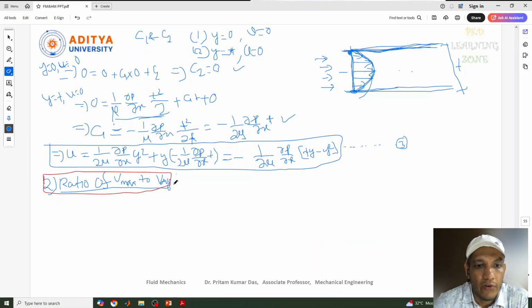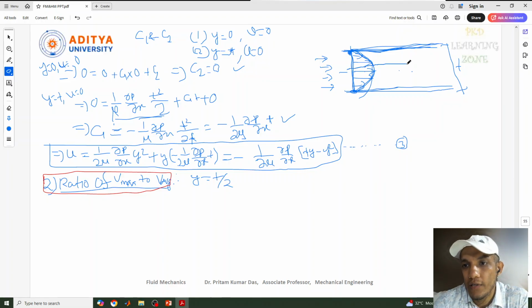Now for this we can say the velocity is maximum when y equal to t by 2. When y equal to t by 2, the velocity is maximum, because if you see, this is the velocity profile, zero here, and here it is maximum. So if you take half of the thickness, we can get the maximum velocity.